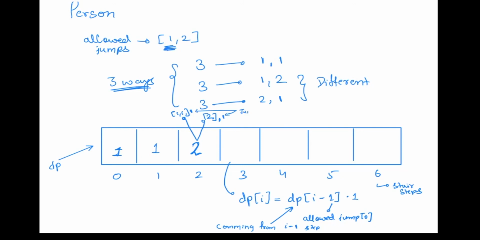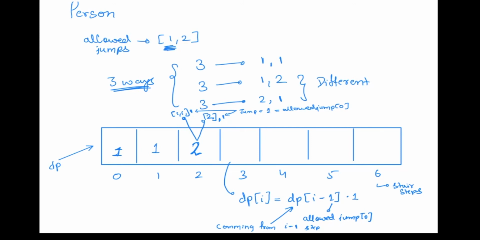So theoretically, the number of ways doesn't change, just the length is increasing but the count is still the same, so we are going to call it dp[i minus 1] into 1. And why have we added 1? Because it is nothing but the jump, and the jump is 1 because we are given that allowed jump 0 is 1.